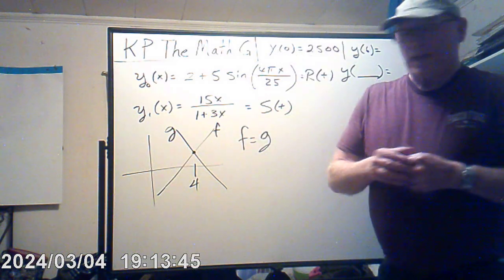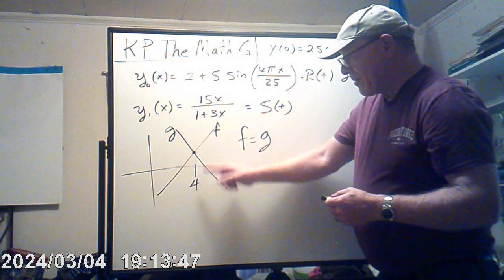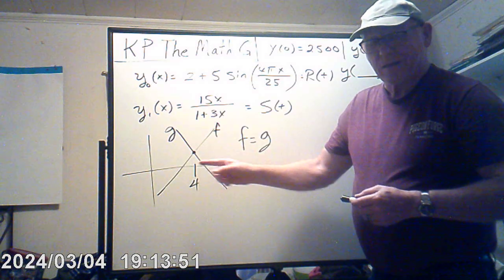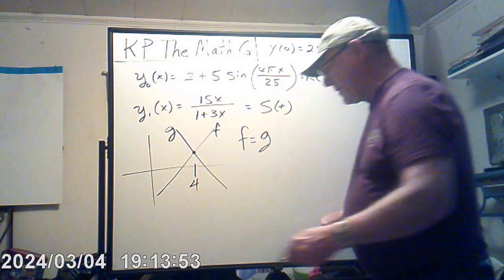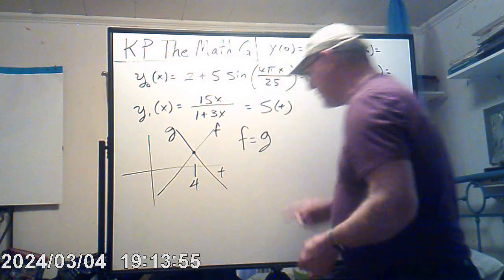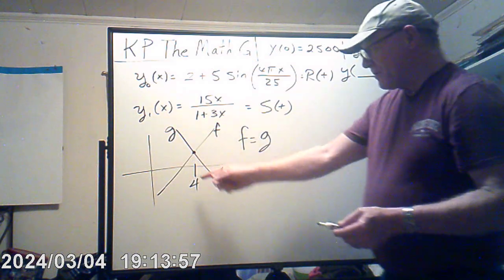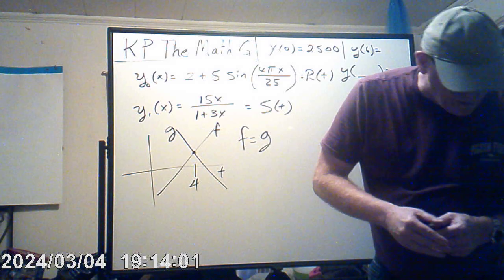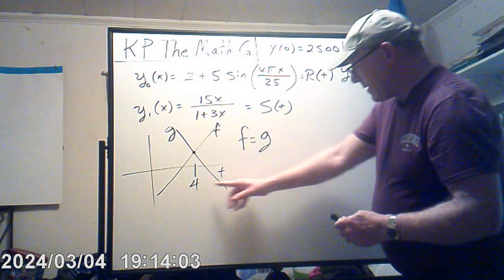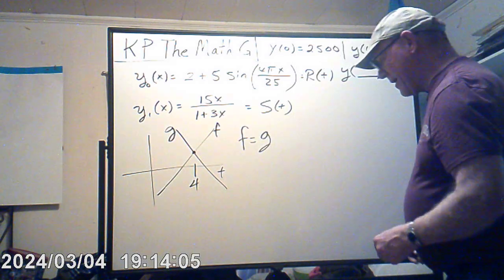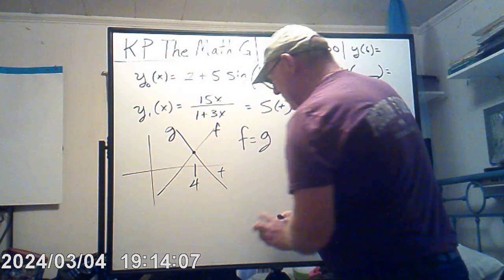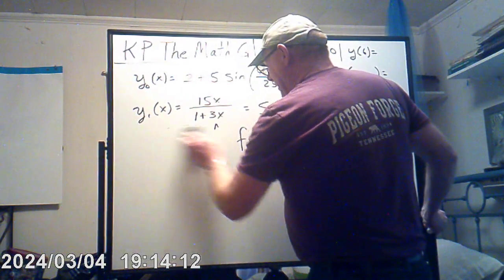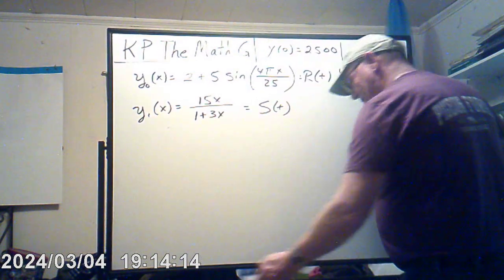So that's what we're saying. We're not worried about the y value. We're only worried about the x value here, because this is equal to time. So we're looking at time, so we don't care about the y value here. We're looking only at the time. So you might have something that looks similar to this.